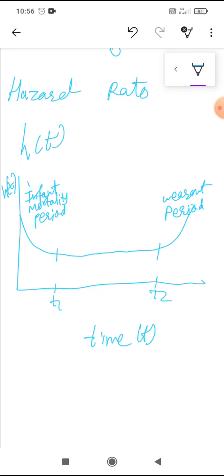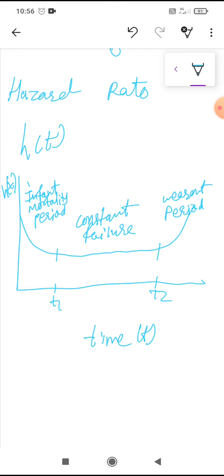In the starting, the product has just been developed, so in that case also the failure rate will be higher. But after that there is a constant failure rate or useful life period, so in between it will be constant. This is how many products fail during usage. So this will be a bathtub curve, as I said.